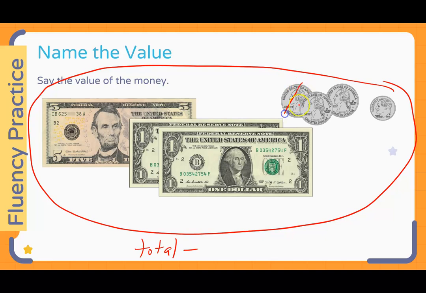I know I have 25, 50, 75, 10, 85. So I have 85 cents. 5, 6, 7. $7.85.